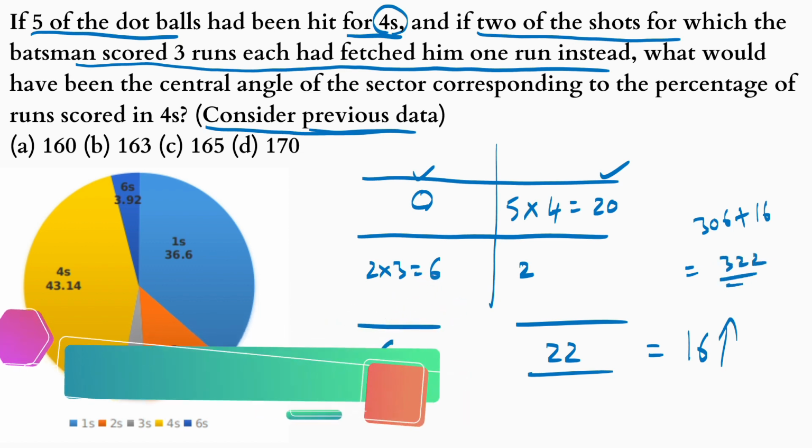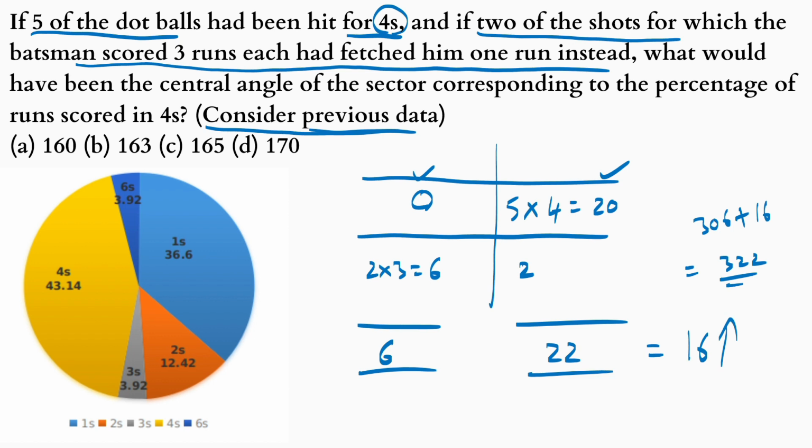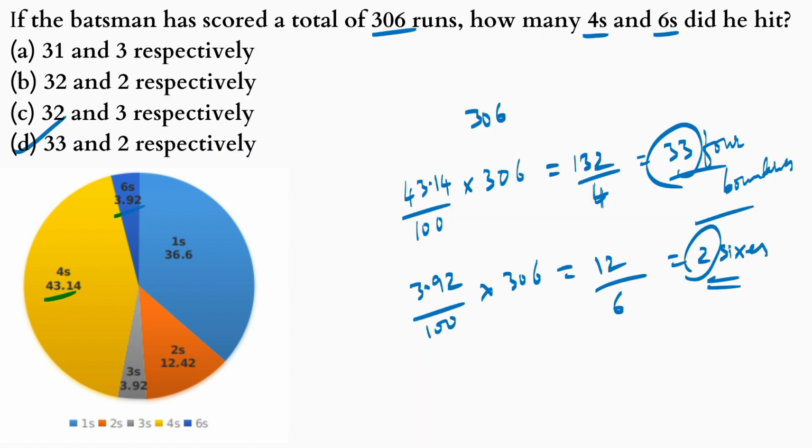Now we are asked to find out the central angle of the sector corresponding to the percentage of runs scored in fours, right? So scored in fours, we know in the previous slide we calculated how many runs did he score in fours, right? He scored 132 runs in the form of 4 boundaries.